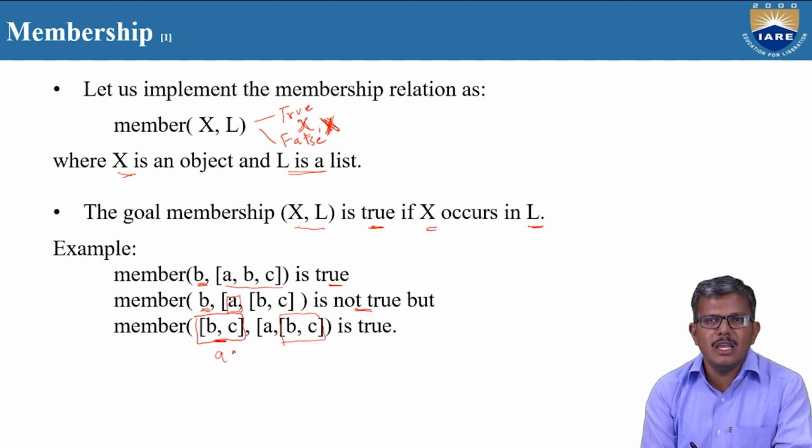If it is A here, the answer is going to be true. If it is B here, also true. In a similar way, if there is B comma C, also true. But if you mention A comma B, the answer is not going to be true here. Okay, so like this you need to understand.